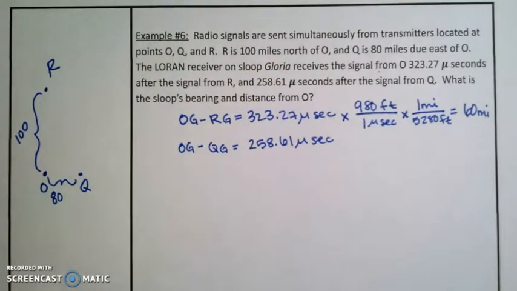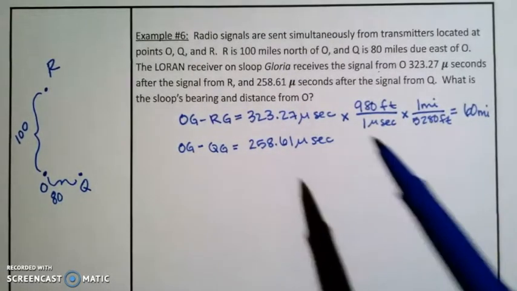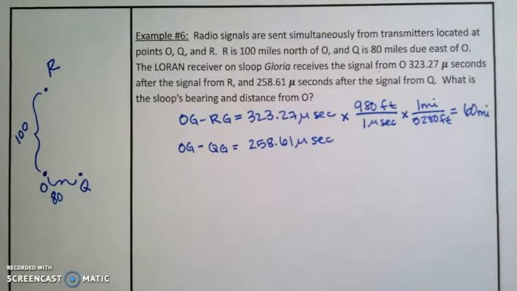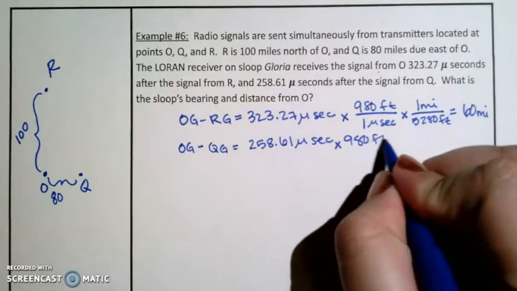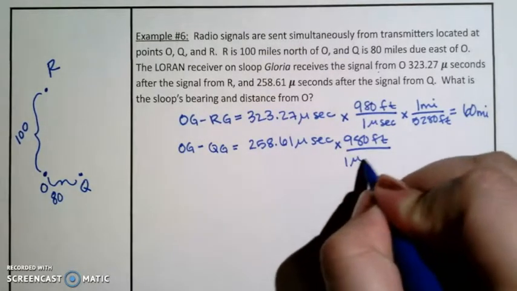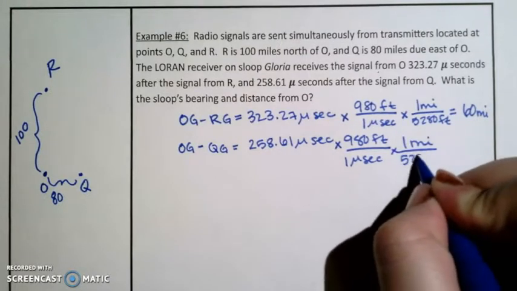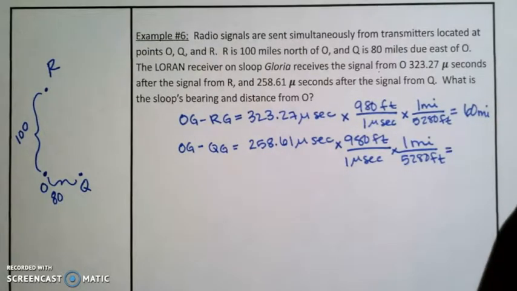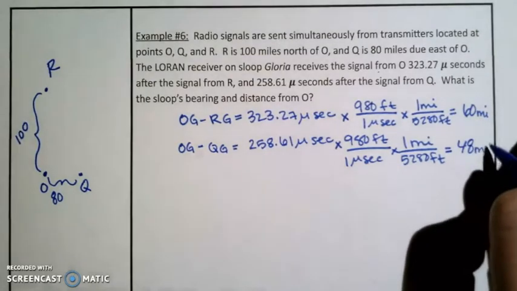So the difference in distance from Gloria to O and R is 60 miles. Similarly, we run the conversion here, and when you put it into your calculator, you will find that this is 48 miles.